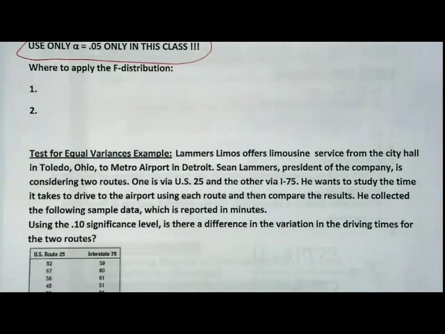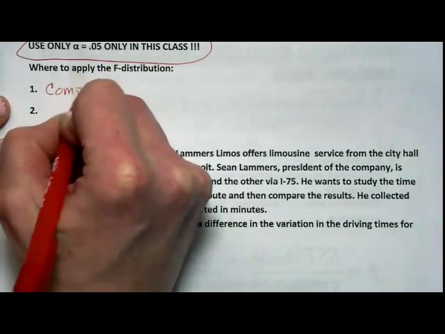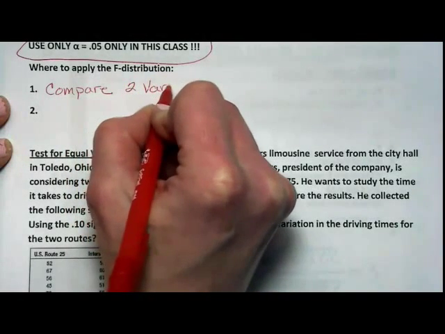Okay, so the F distribution also is used in 2 completely different types of problem. The first problem is when we compare 2 variances.